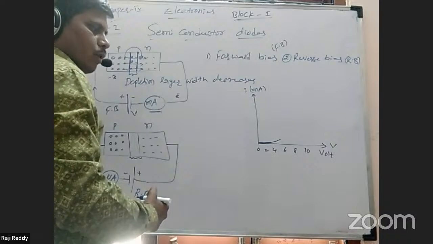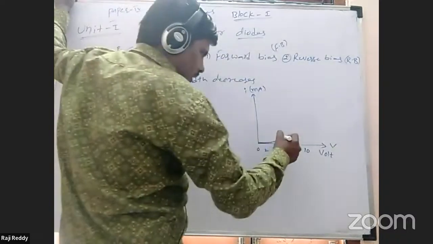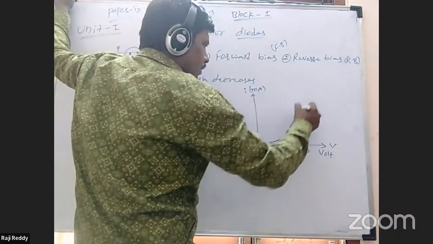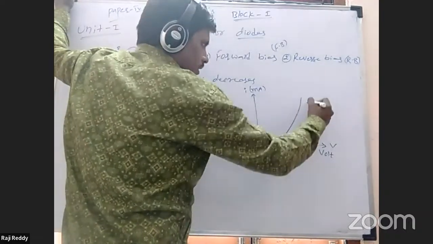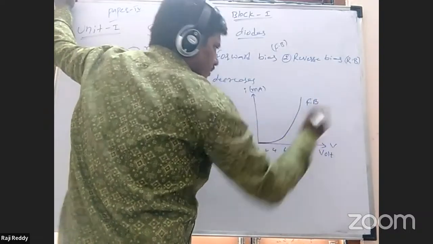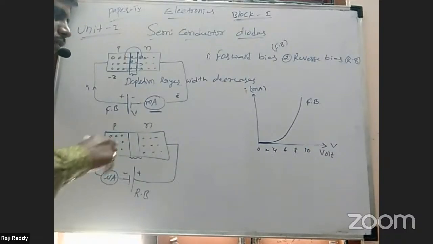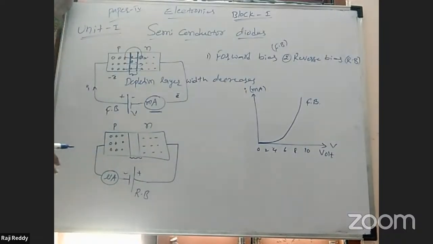After that it gradually increases exponentially. This is the VI characteristic graph in forward bias.